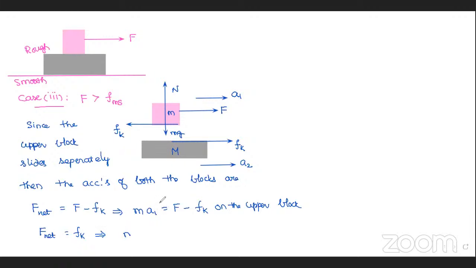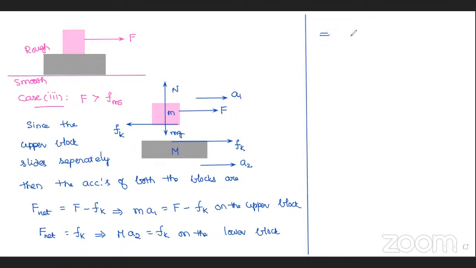That implies F net is equal to, sorry, mass is capital M into its acceleration a2 equals Fk. So directly we can say the answer: a1 equals F minus Fk by small m, and a2 equals Fk by capital M.